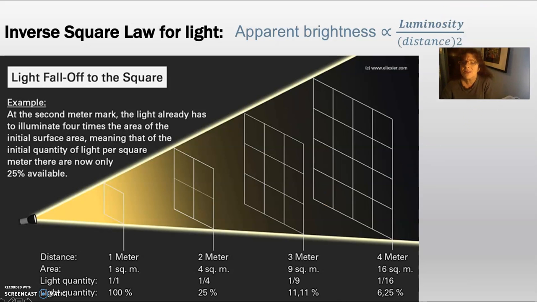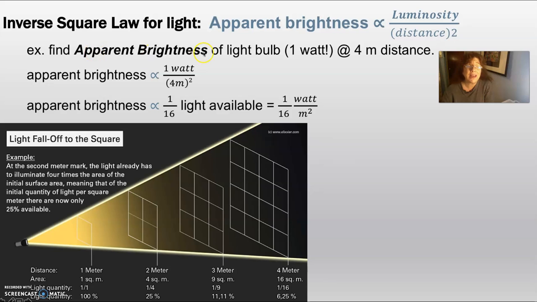But you can look at this same equation and find apparent brightness when we have 1 watt of luminosity and 4 meters distance. Let's pretend this is 1 watt right here, and 4 meters.